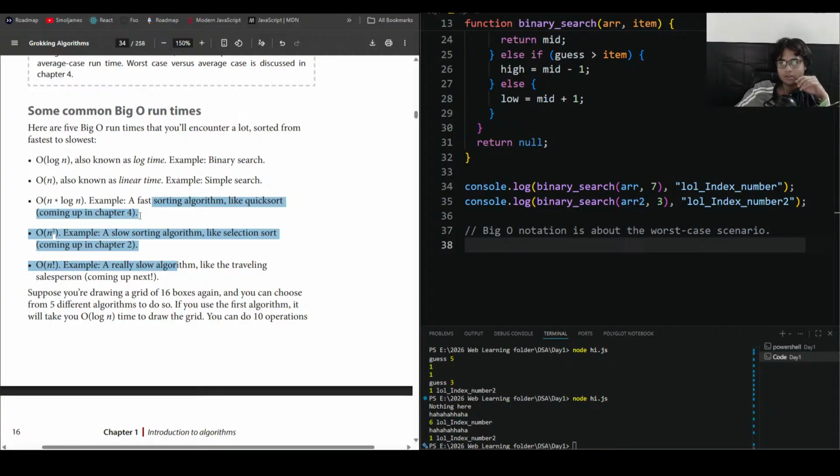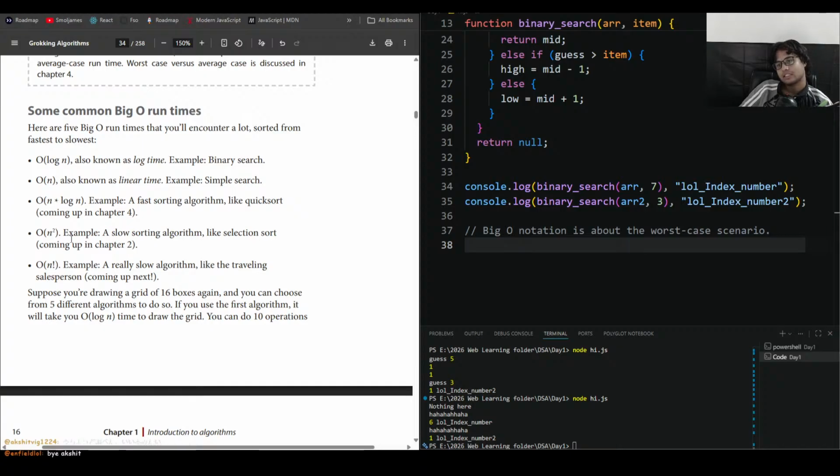Here are 5 big O runtimes that you'll encounter a lot, sorted from fastest to slowest. O(log n), also known as log time, example binary search. O(n), also known as linear time, example simple search. O(n log n), example of a fast sorting algorithm like quicksort, coming up in chapter 4.